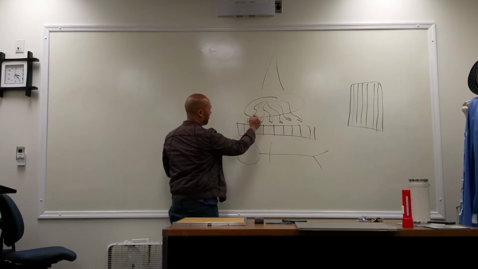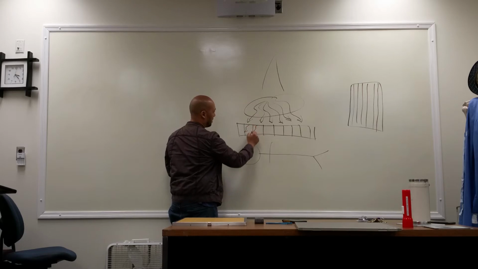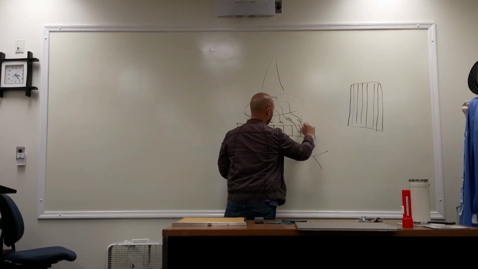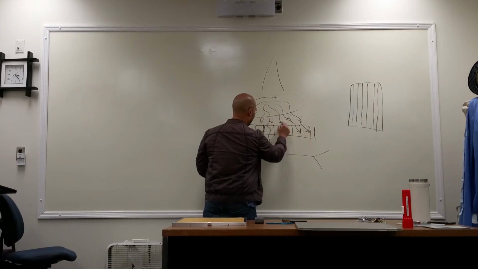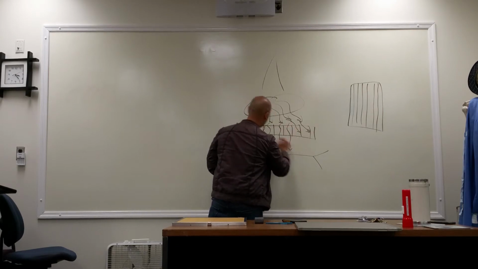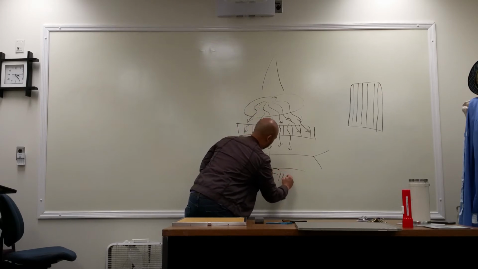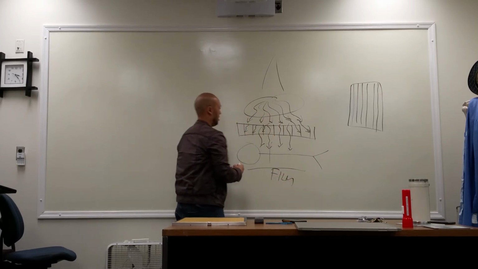So anything coming in at a very steep angle is going to be absorbed by what? Lead. The lead strips. And anything that's more straight is going to go between the lead strips and interact with our film.